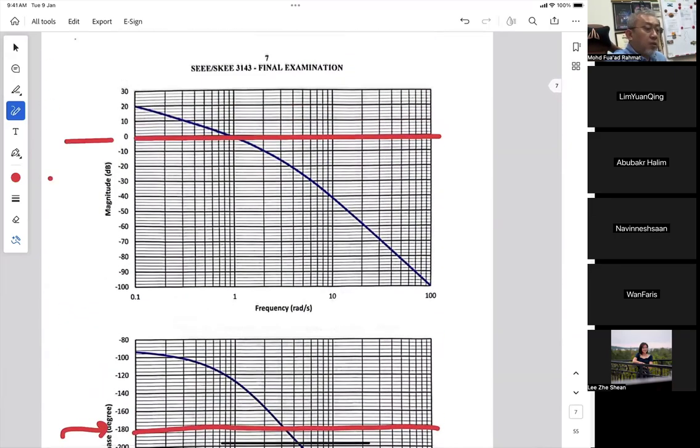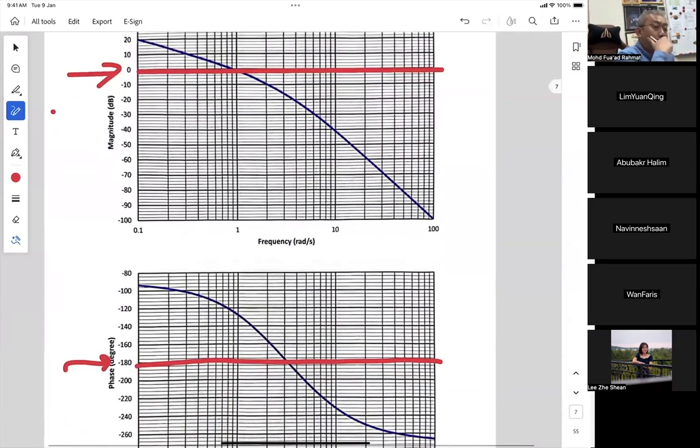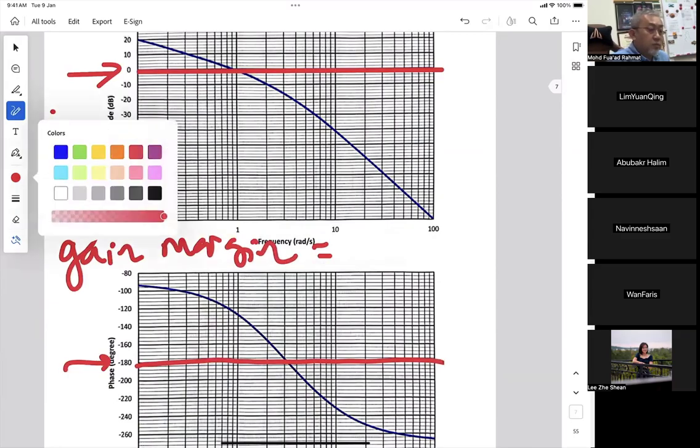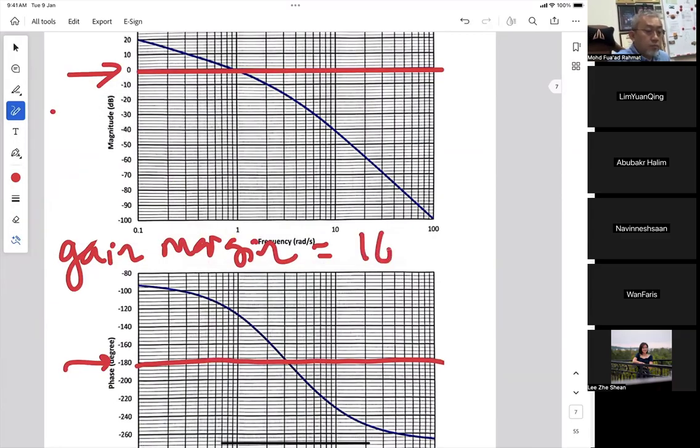So, what is the gain margin and phase margin? Abu Bakar, gain margin and phase margin. One sec.